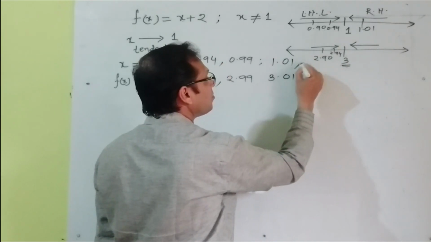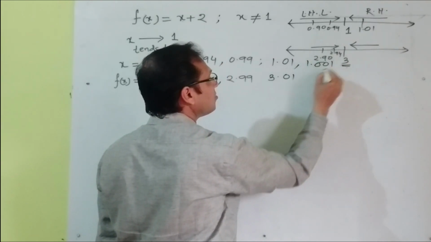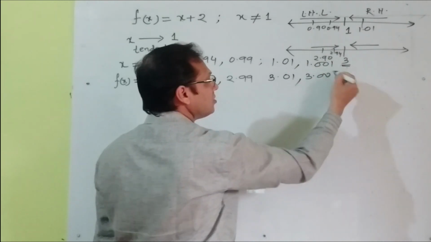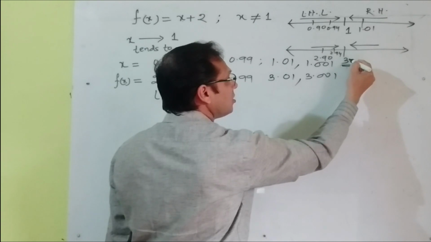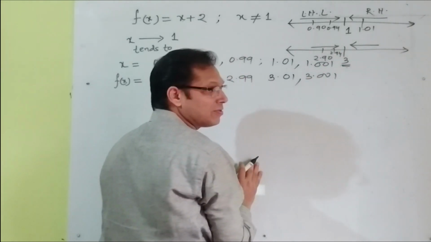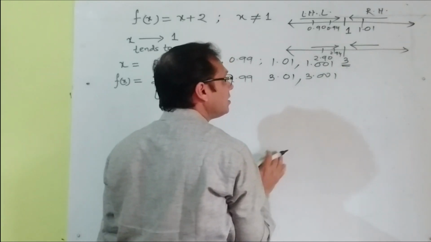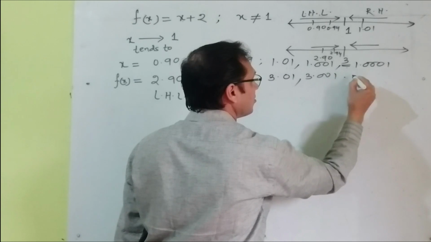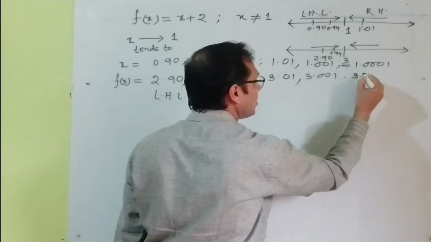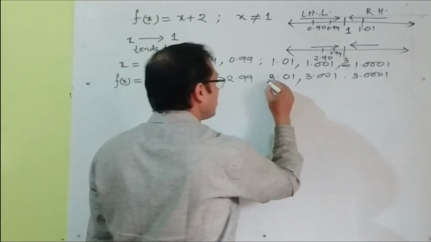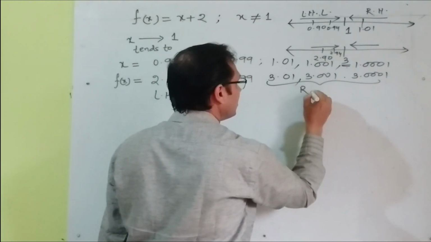If we take 1.001, then f(x) is 3.001, going nearer to 3 from the right hand side of 3. Likewise, if you take 1.0001, then the value of f(x) is 3.0001. This is called the right hand limit.